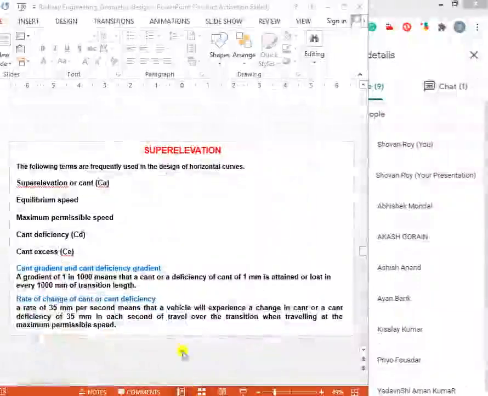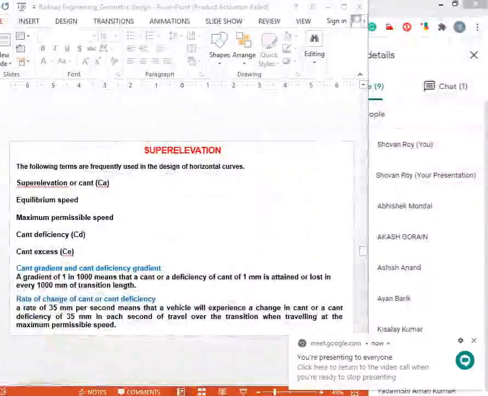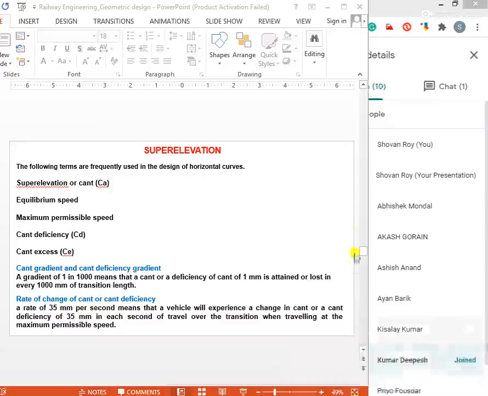So let's start. In the earlier class, we have already discussed something on cant deficiency and cant excess.